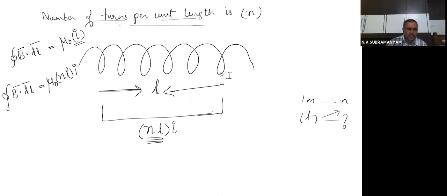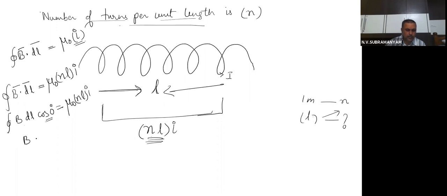Yes. Then just now we said B and dl are parallel. If B and dl are parallel, then I will get B dl cos 0, because the angle becomes 0, equals, by Ampere's law, mu naught n L I. What is the value of cos 0, children? 1.